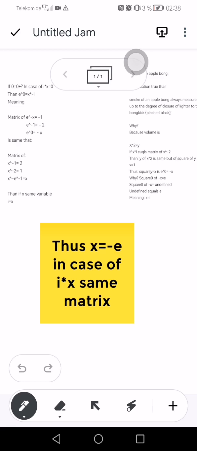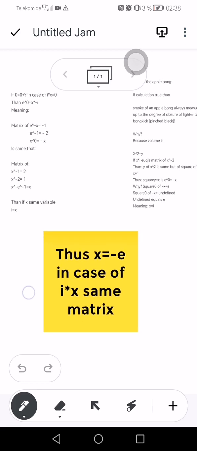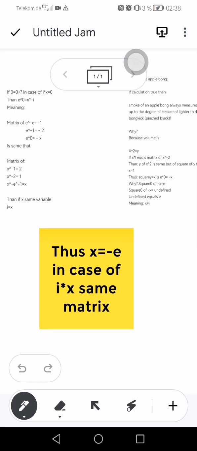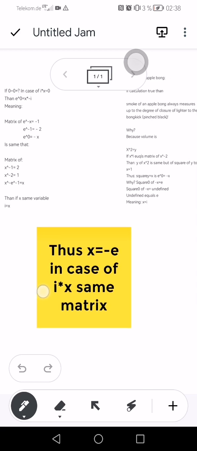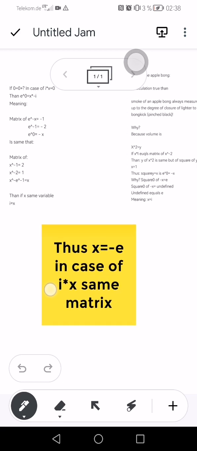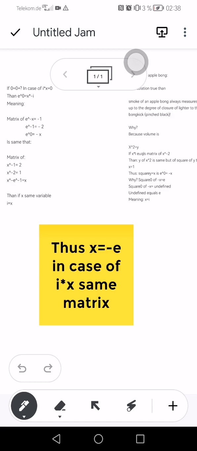Now, to put that mathematically into calculation, x squared minus 2 equals 1. Again, sorry for the repeating. E squared 0 equals minus x, meaning minus e squared 0 equals x.